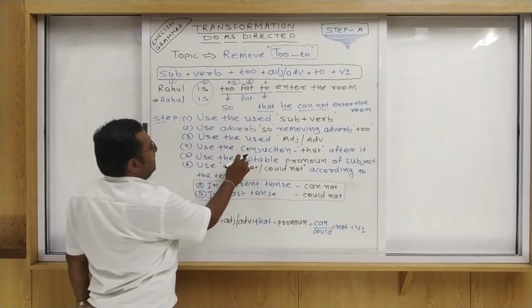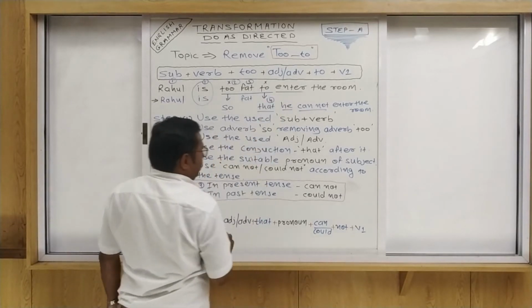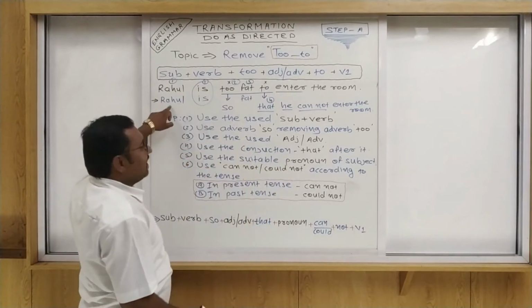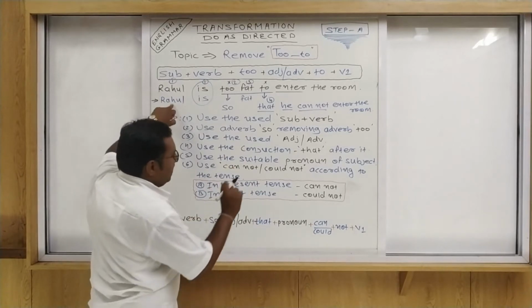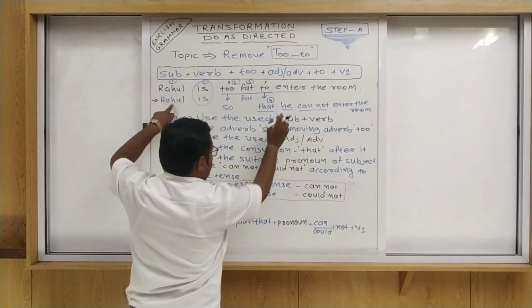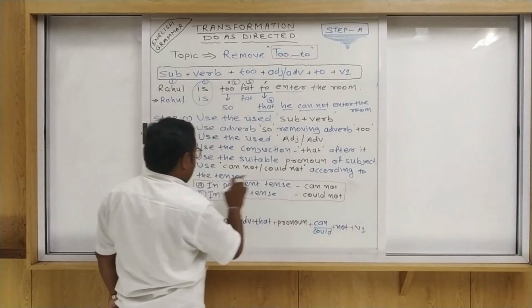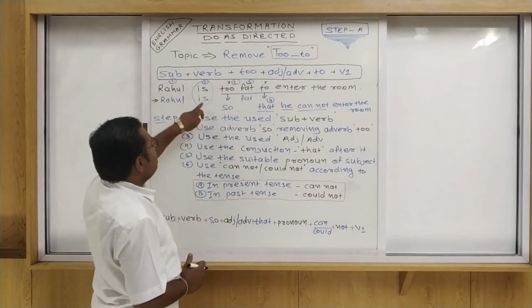Use the conjunction, number 4. Use the suitable pronoun. Rahul is male, so we can use the pronoun 'he'. After that, use 'cannot' or 'could not' according to the tense. Which tense is used here?